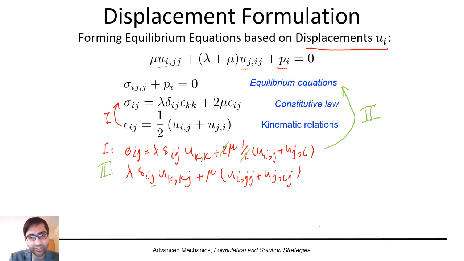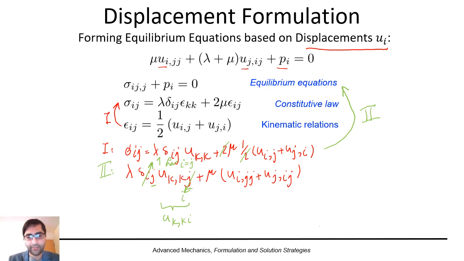Okay, pay attention here. We have j here and here. Delta ij is only 1 for i equal to j. So basically, this becomes i. And so here it is basically uk comma ki.